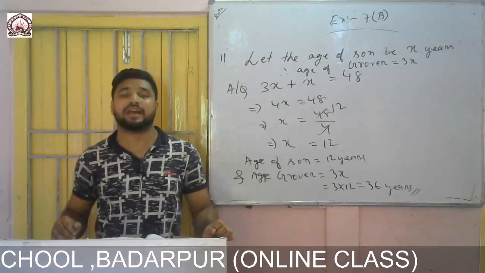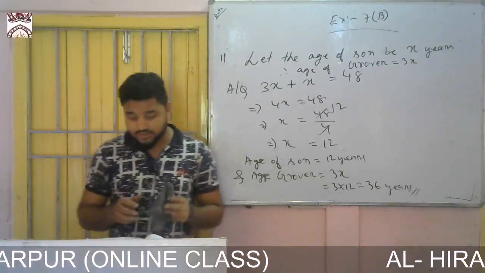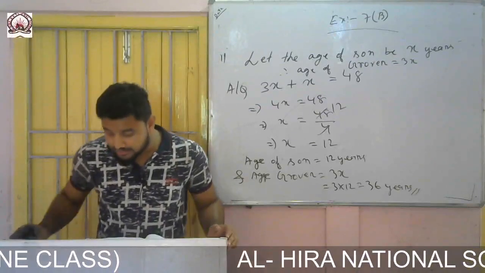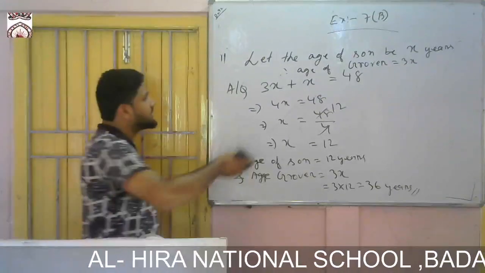Now he is 7 years less than 5 times his daughter's age. We need to find the age of his daughter. So we let the age of the daughter be x.